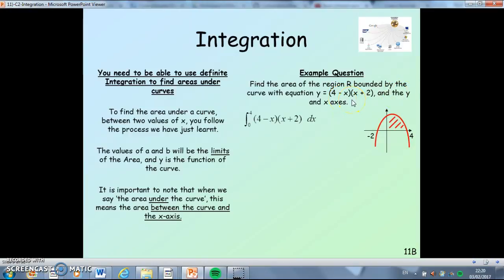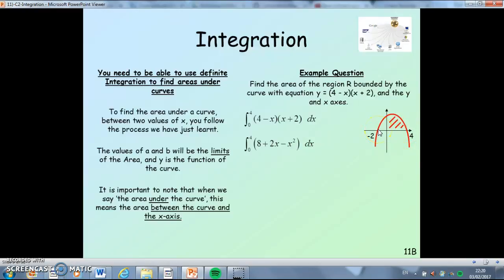Now we're trying to find the area between the curve, the y and the x-axis. So now we have 3 things involved, and because it says between the y-axis and the formula, we'll be using the upper boundary of 4 and the lower boundary of 0.